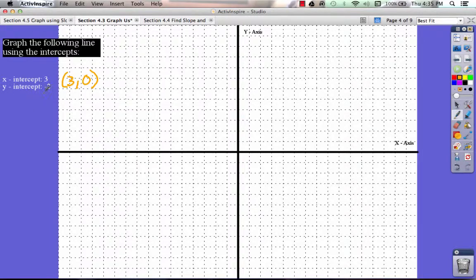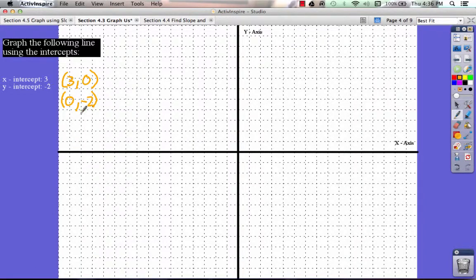For the y-intercept, which is -2, our coordinate is going to be 0, -2, because for a y-intercept, x is always 0. So now we just have to graph these on this coordinate plane. We just have to mark the points and then draw a line between them.